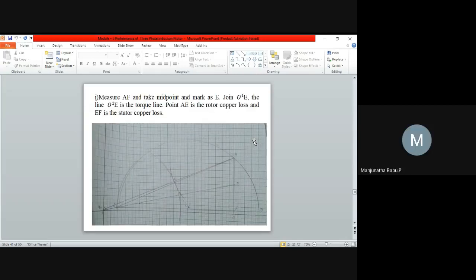Next step: measure AF, take the midpoint and mark it as E. Measure the value of AF; it should be around 8.2.